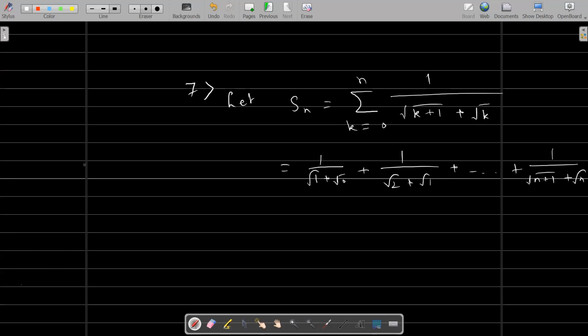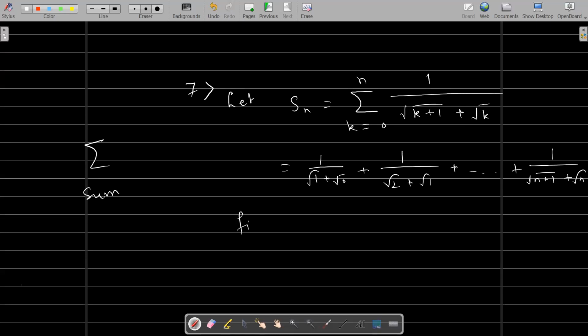Sigma stands for summation, sum, and the index k goes from 0 to n. So I put initially k equal to 0, increase it by 1, k equal to 1, k equal to 2, and so on up to k equal to n. Sum of all these terms, right? Yeah, so let Sn equal to this.